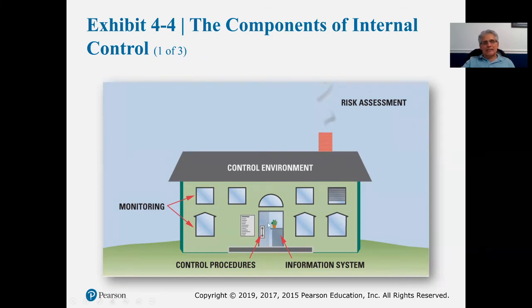For that to happen, you're going to have control procedures, meaning locks, keys, maybe alarm codes, whatever is necessary to confirm that those who are entering are authorized to get into the home.